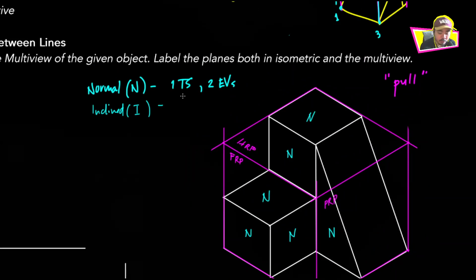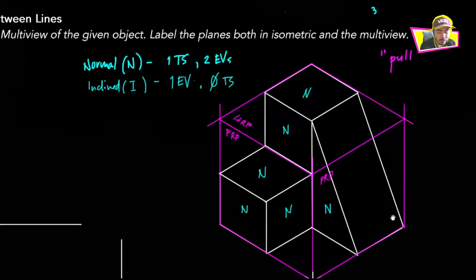So it has only one edge view, and zero true sizes. It has no true size because in two of the given views, it will appear foreshortened, meaning it is not in its true size.